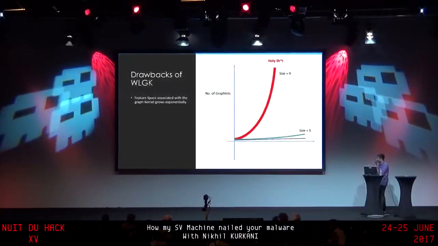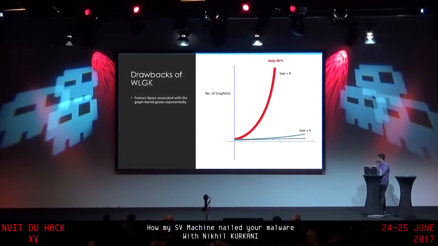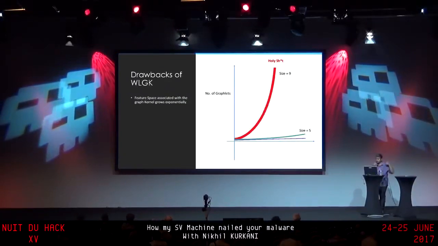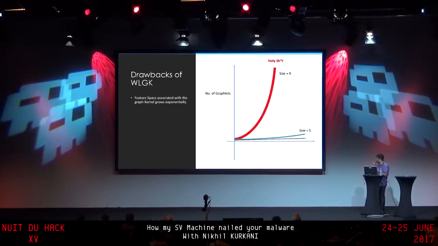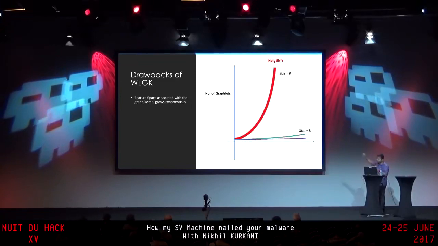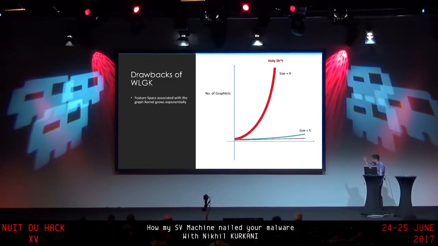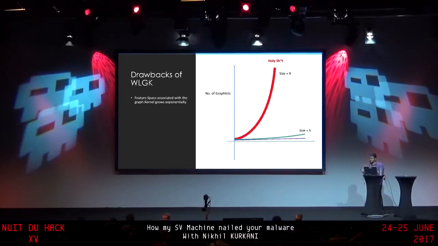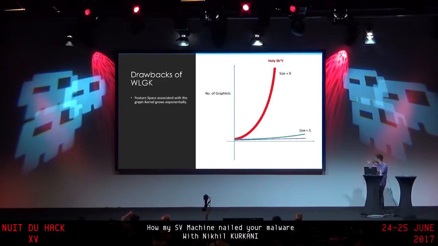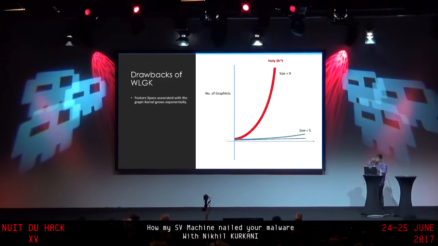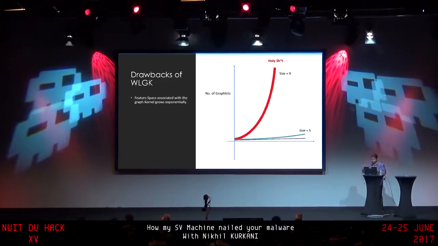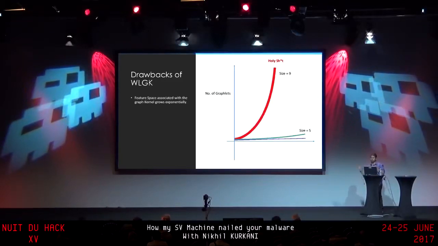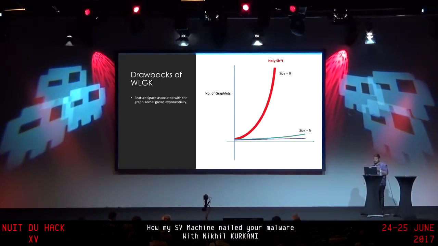One of the next drawbacks is that the feature space associated with the graph kernels grows exponentially. For example, for a size of 5, we would get a graphlet count of around 50, but once the size goes up to 9, the number of graphlets you would get is close to 200,000 different graphlets.